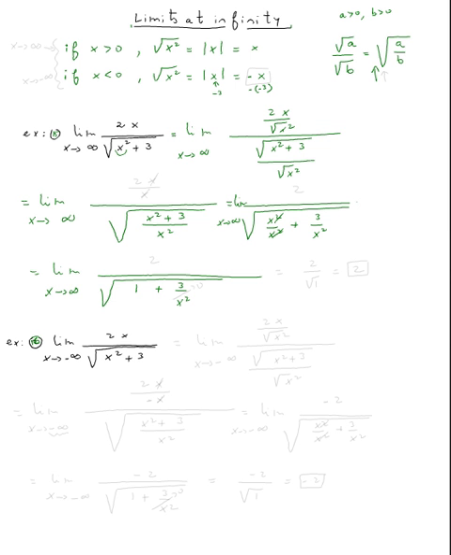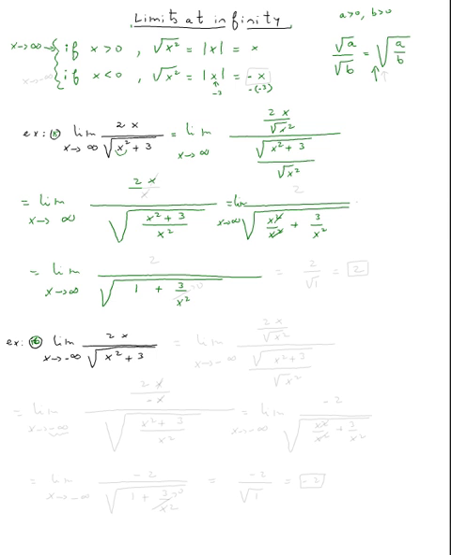Now let's go back to the numerator. Now here we have a problem. What is the square root of x squared? And this is why I did these definitions right here. If x approaches positive infinity, we need to use this property. So we're going to get an x. So the square root of x squared becomes x.